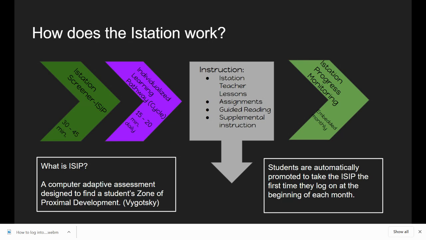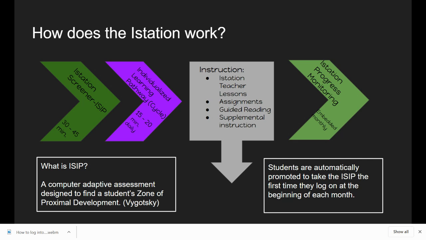It's important to know that iStation does have some other instructional materials, such as lessons, assignments, guided reading books, and other supplemental instructional materials, but these are optional. Each time the students log in, there's nothing that teachers have to do because iStation has already determined which skills students need to work on. So those are available, but they are optional, and a different video will cover those more closely.